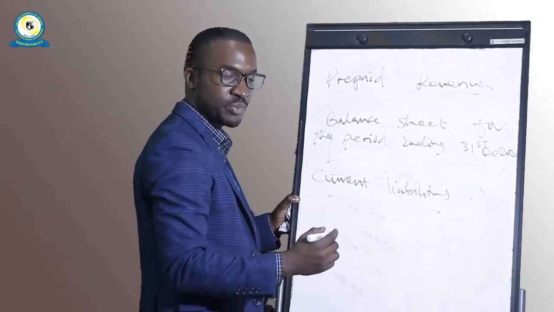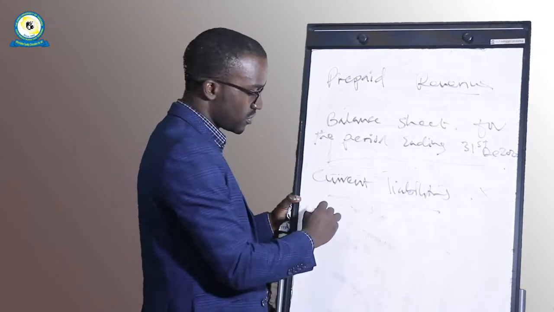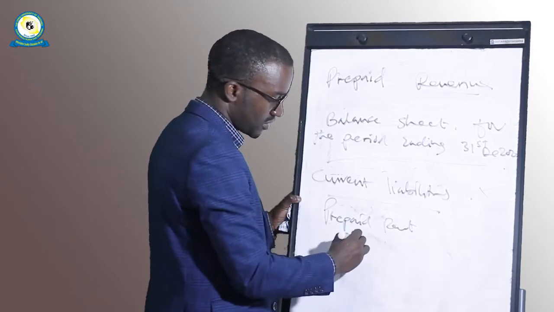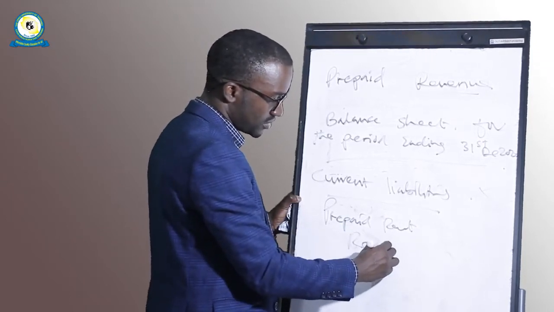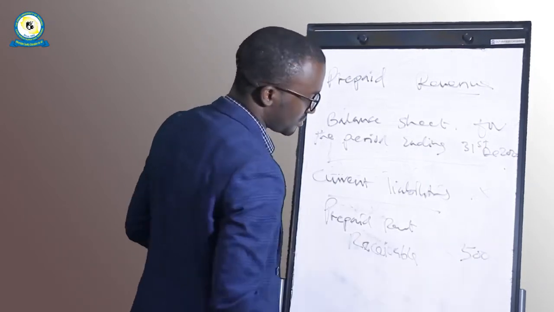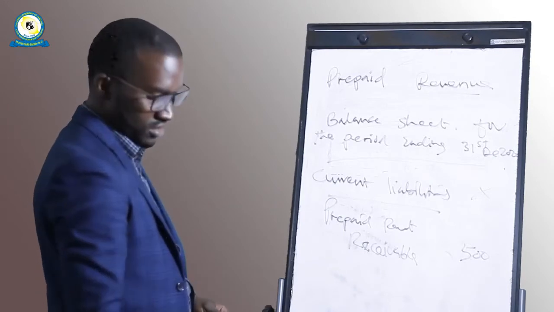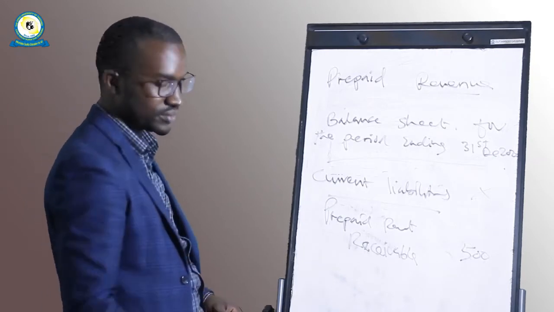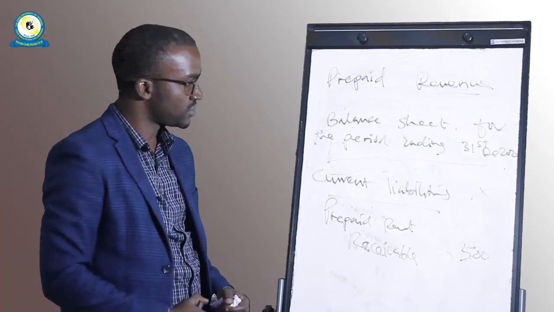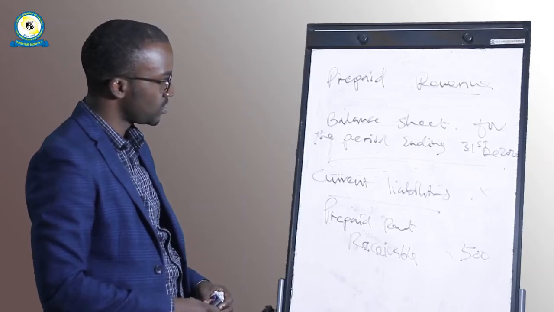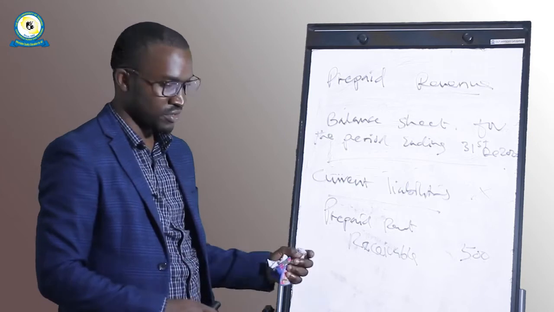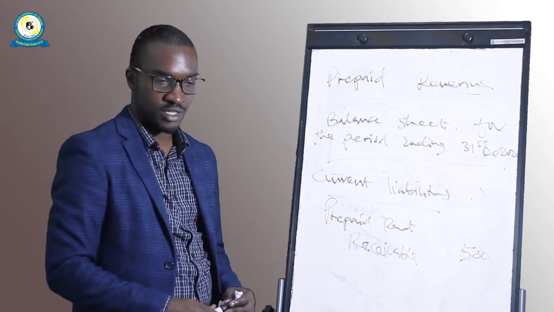You're going to write prepaid rent receivable for an amount of 500. So that's it. That's an example. I think it's very clear for you to see the treatment of prepayments and accruals and revenue and expenses. Okay.